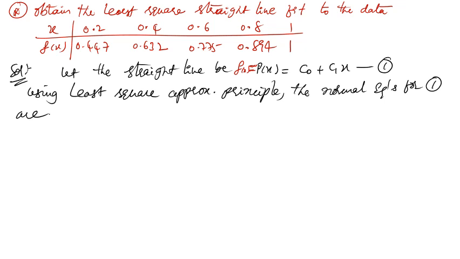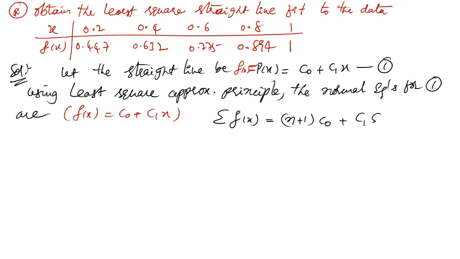What are the normal equations? Multiply this equation. For your idea, I am giving f of x equal to c0 plus c1x, in place of p of x I have written f of x. First take the summation: summation f of x equal to n plus 1 into c0 plus c1 into summation x.